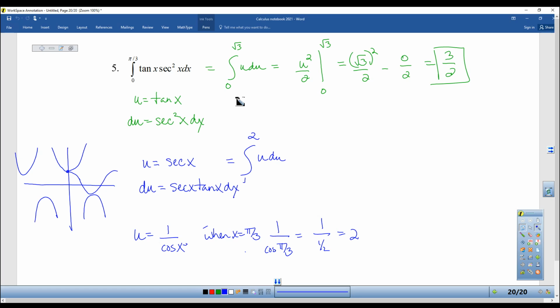They have different limits of integration, but the exact same problem. It works. U squared over 2 from 1 to 2 is 4 over 2 minus 1 over 2, which is equal to 3/2. And that's what makes math cool. Okay, different ways to do a hard problem, and either way you get the same awesome answer.